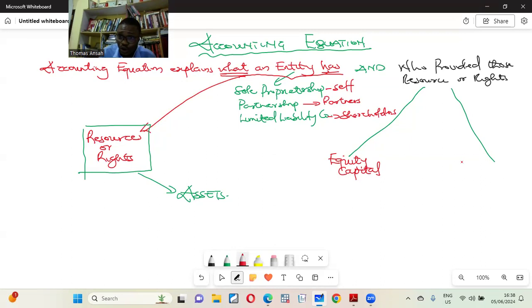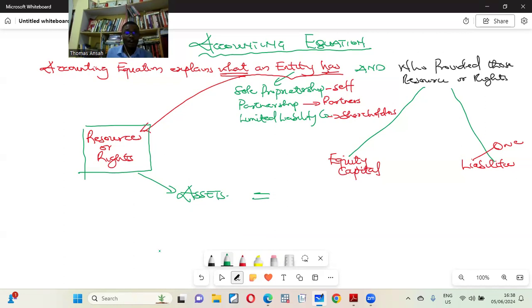And that is what we call the liabilities. All right. So those we owe, it means that we borrowed the money. All right. So therefore, the accounting equation is asset, which is the resources, equal to those who provide it.